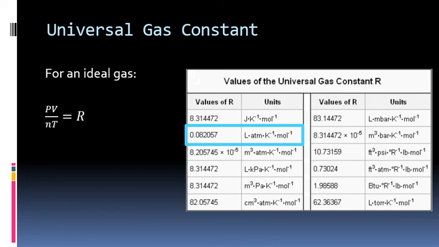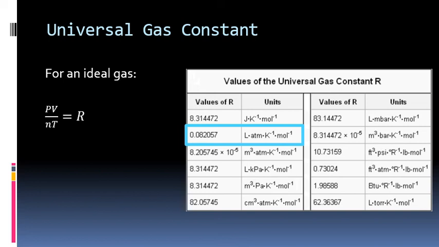Some might make more sense if you're an engineer, or if for whatever reason you're working in PSI, cubic feet, cubic meters, or even grams instead of moles. For chemistry, it is the top left two that matter, where 8.314 joules per mole Kelvin is relevant in thermodynamics and electrochemistry.